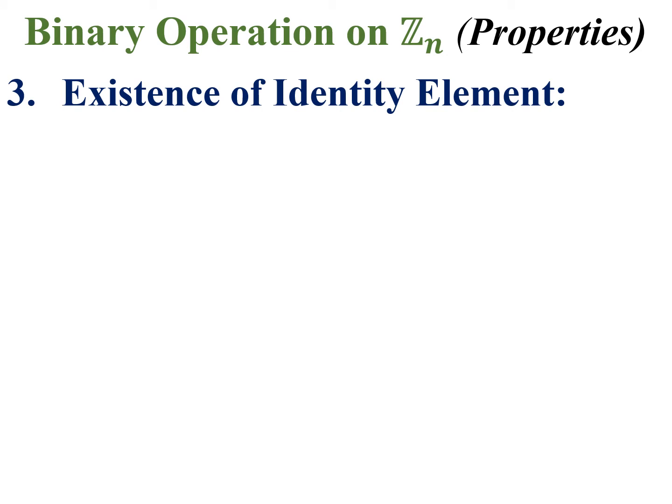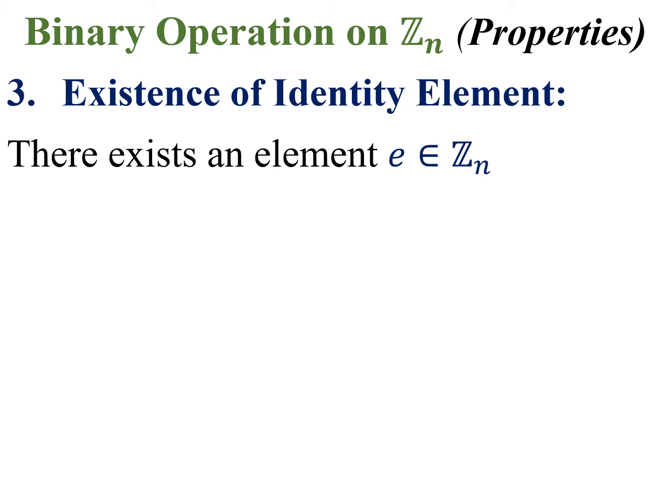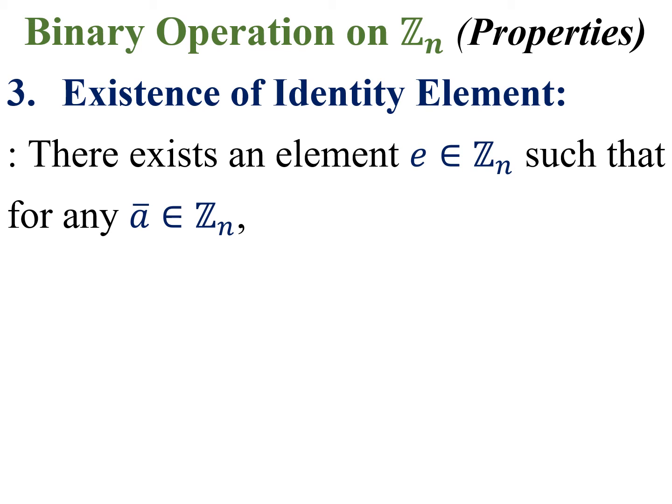Third is the existence of identity element. There exists an element E belongs to Zn such that for any class of A belongs to Zn, class of A star E is equal to E star class of A is equal to class of A itself.